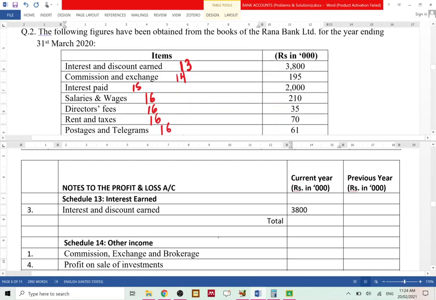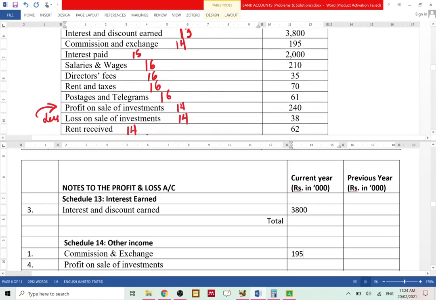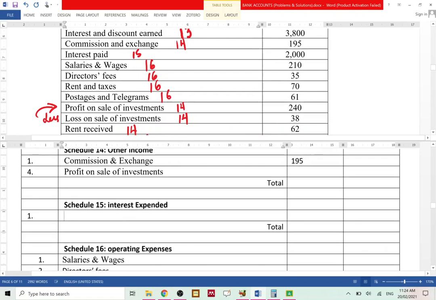Next, commission and exchange, we have 195. So that amount is 195 here. Alright, so commission exchange income. Interest paid goes to schedule 15, that is interest expended. So interest paid amount is 2,000 and that will show here 2,000, right?